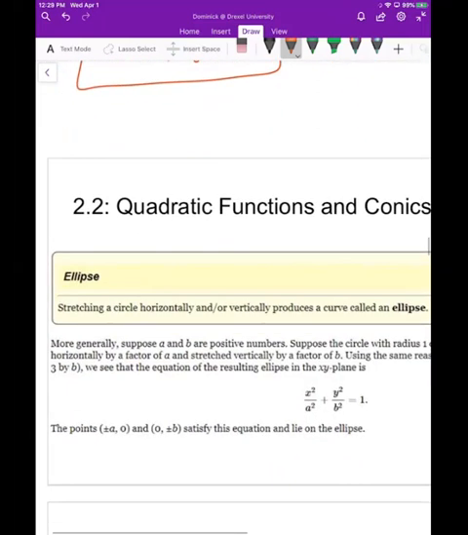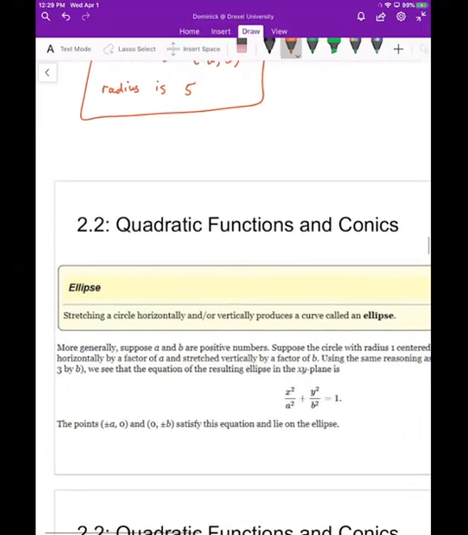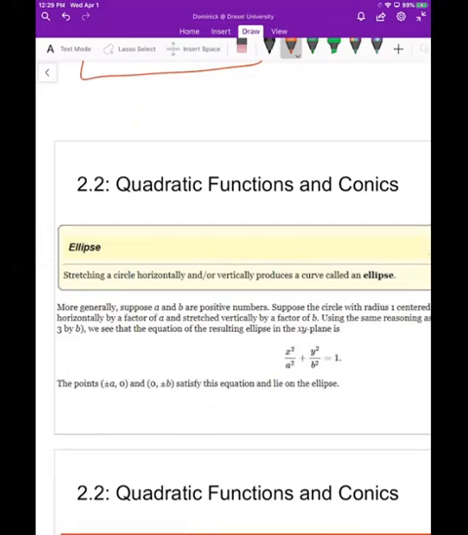Okay. Now, once you talk about a circle, you can modify that slightly, and then you can talk about what's called an ellipse. If you were to take a circle and stretch it either horizontally or vertically, what you get is sort of an oval shape, which we mathematically refer to as an ellipse.